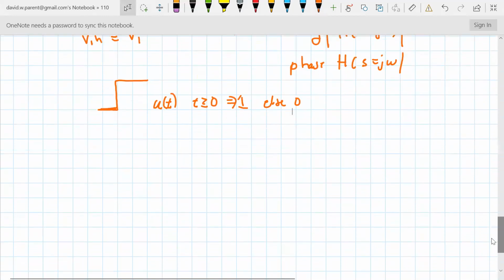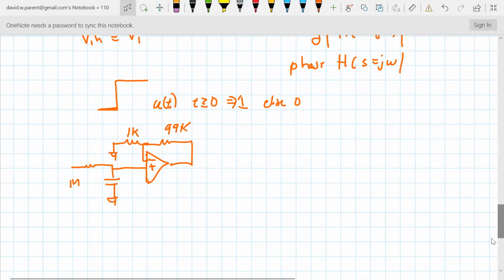So let's say in the previous example, I do this, 1K, 99K. Now everything's the same except now it's 100 times 1 minus e to the minus omega naught t.